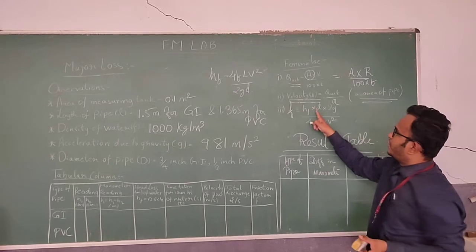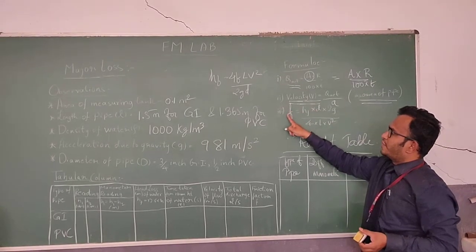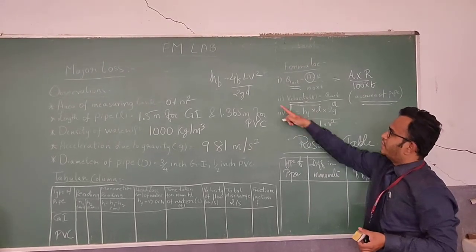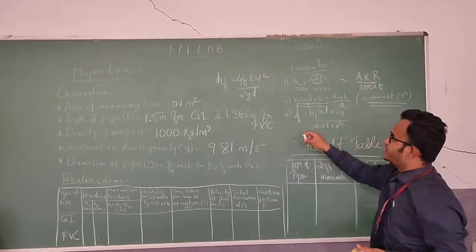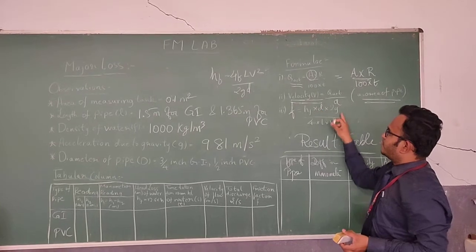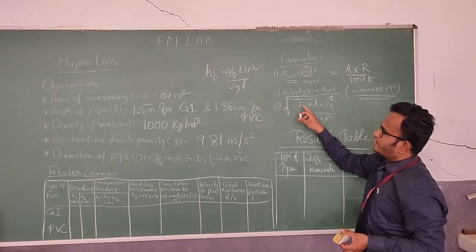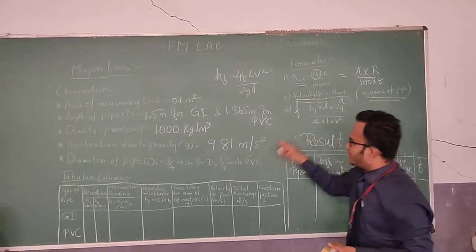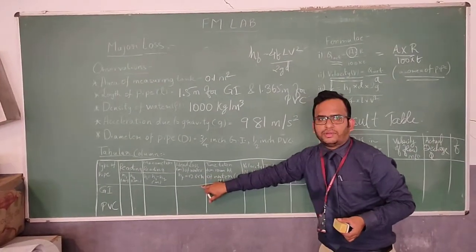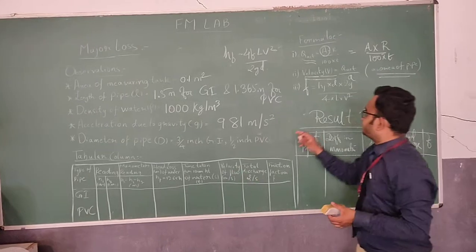So you have to calculate the friction factor, that is the formula. Simplify this equation for F, then substitute the values HF, D, 2G, 4 into L into V square. HF is 12.6 into H, whatever readings you have got.